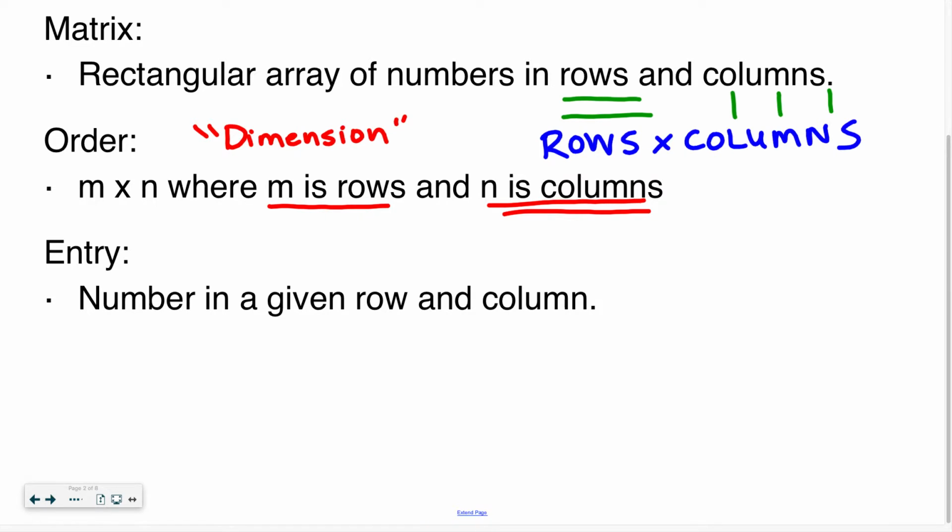I might have a matrix in front of you and say, look at the entry in row 2, column 3. Everybody goes down to the second row and the third column, and everybody's looking at the same entry. So we name entries by where they're located, in which row and which column.